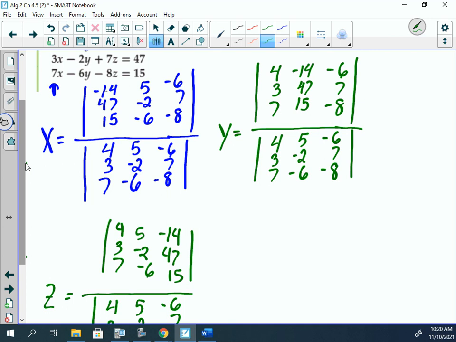We're going to have 4 matrices this time. And this one here, I would definitely plug into the calculator. I wouldn't try to do this one by hand because it's a lot of work to work out.